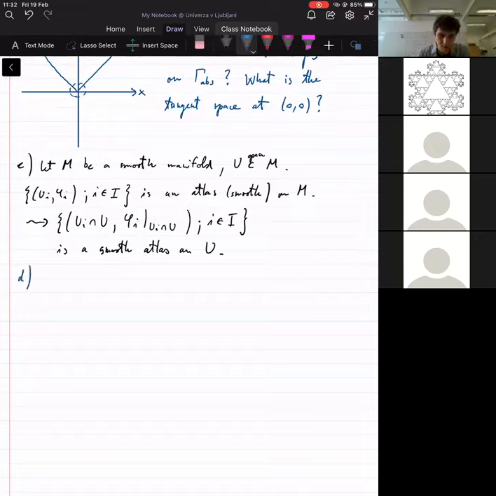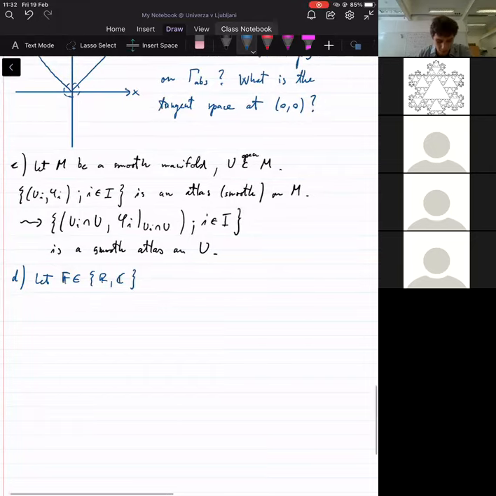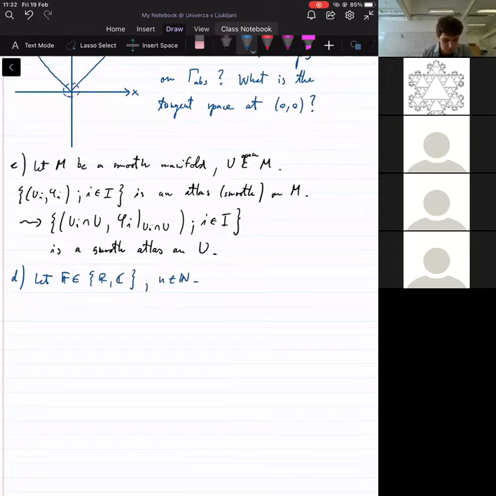Next example. For those who had analysis on manifolds in the previous semester, this will be really clear. So let F be either the real numbers or the complex numbers, and let n be a natural number.